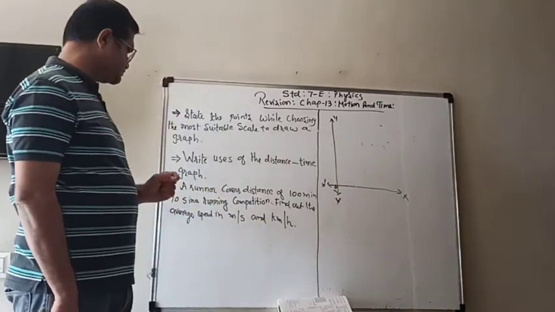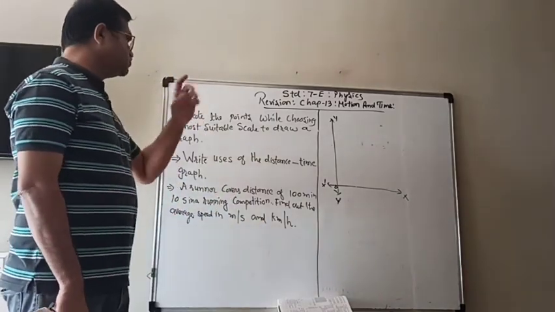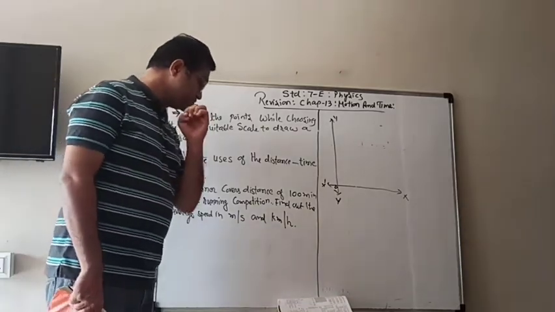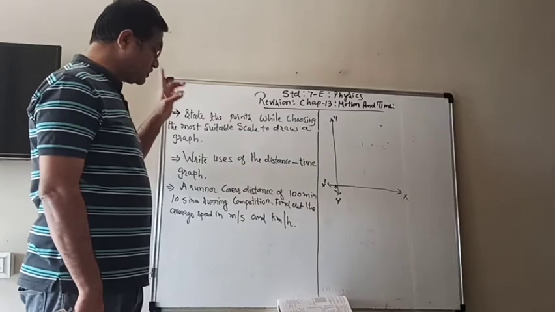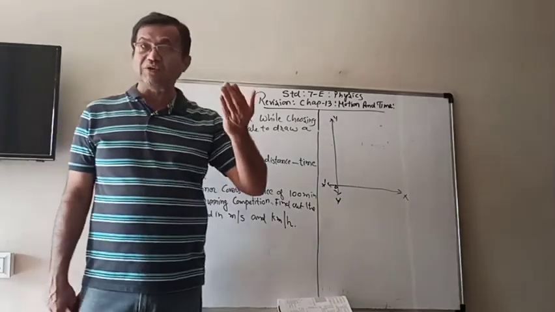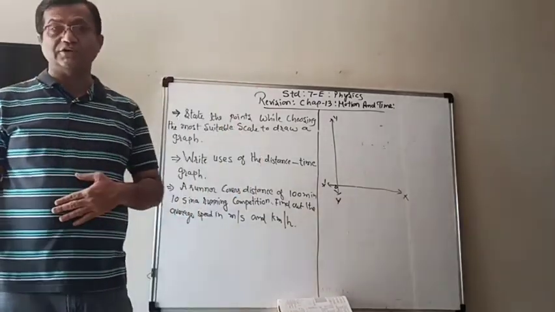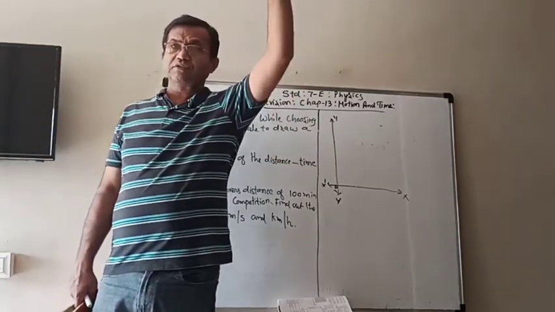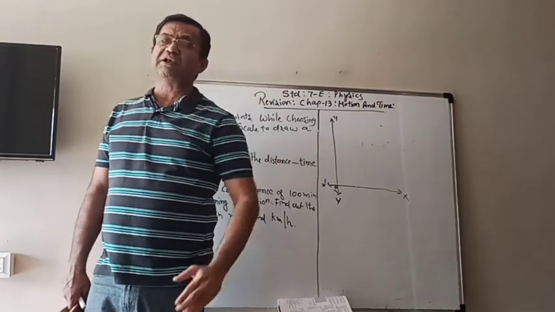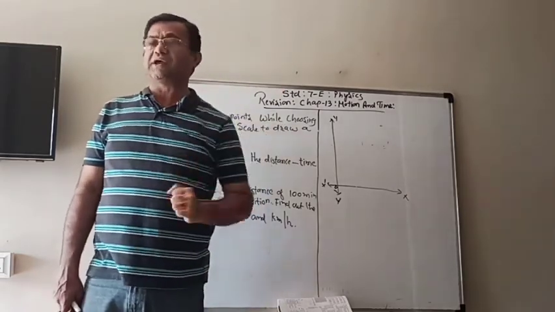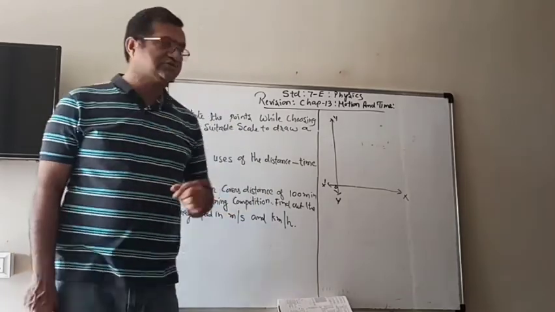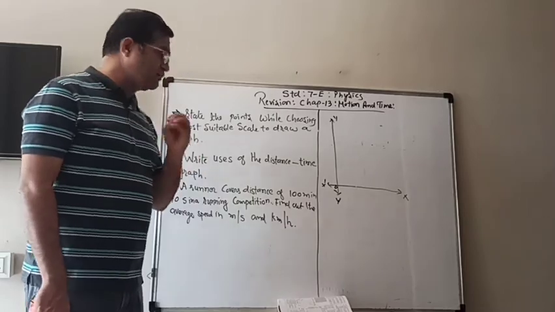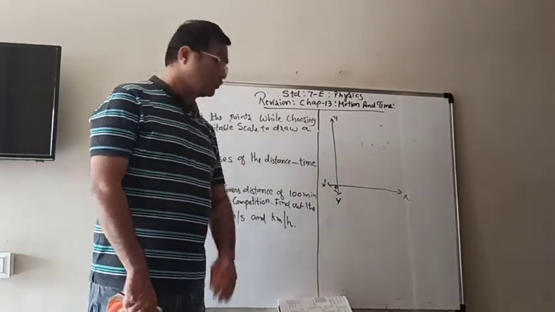First, the difference between the highest value and the smallest value. So you have to check which is the highest value in the graph, like distance, which is the smallest, and then according to that you have to choose the scale.